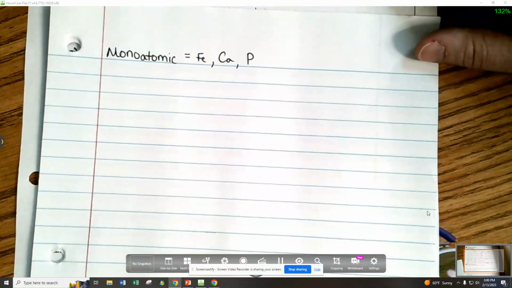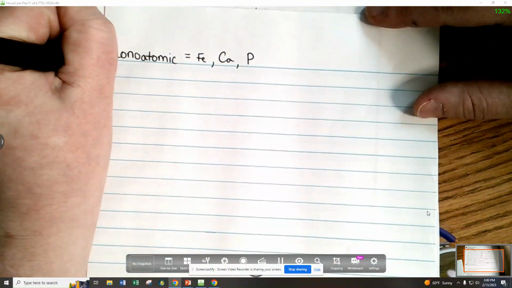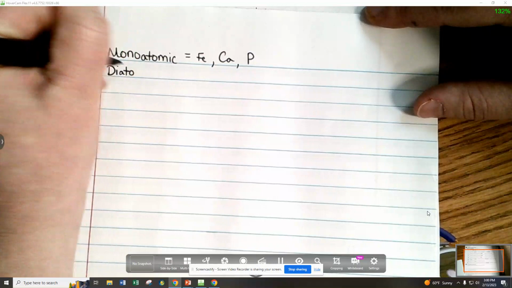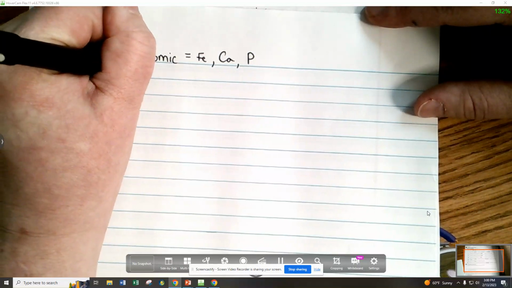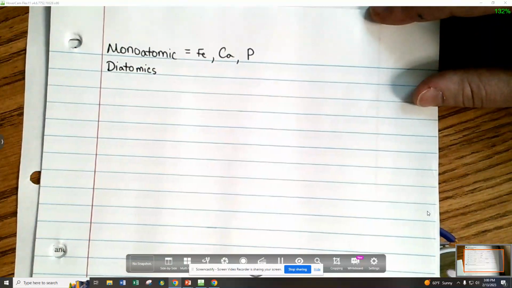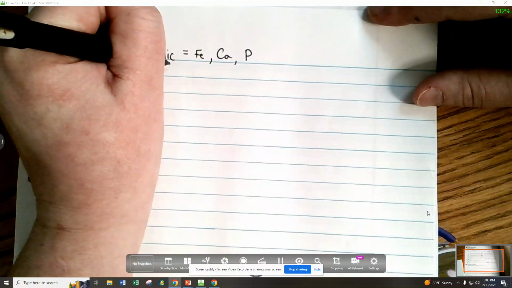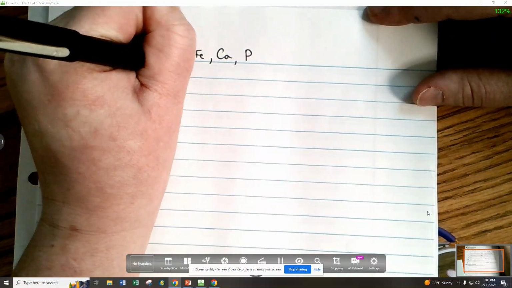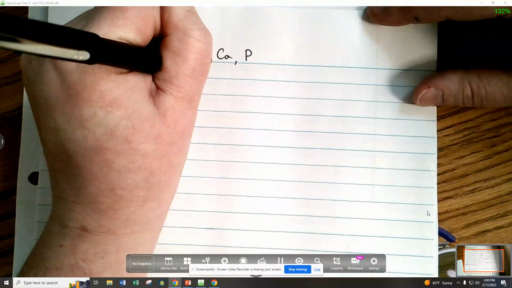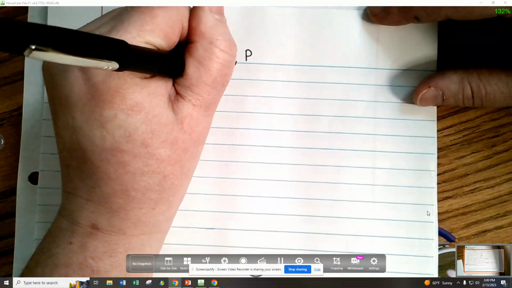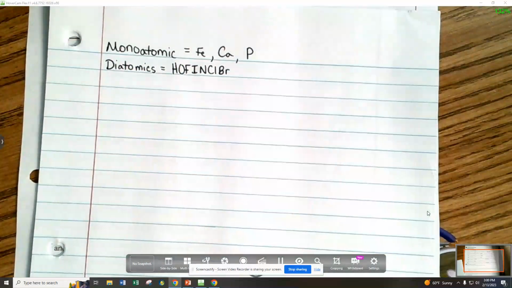Now, there's 7 elements specifically that are called diatomics, and this is a word that I have brought up off and on throughout the entire year. There's a way to remember that, and that's using the acronym Hofbrinkl. That stands for the 7 elements that are not monoatomic. Every other element is.